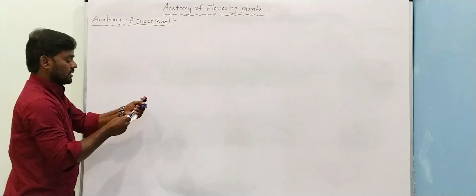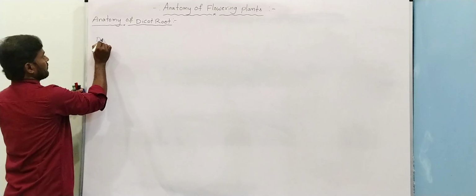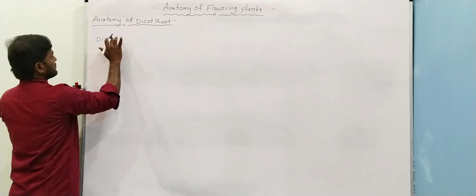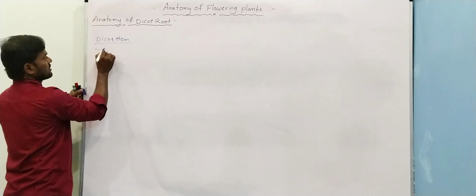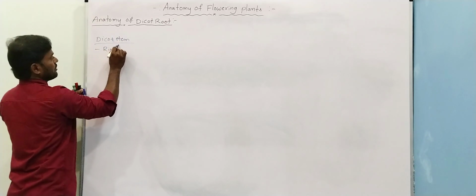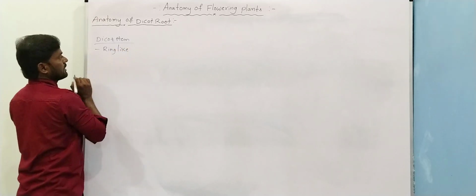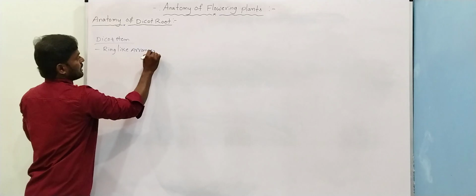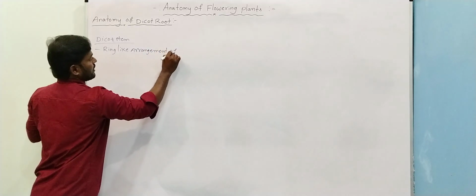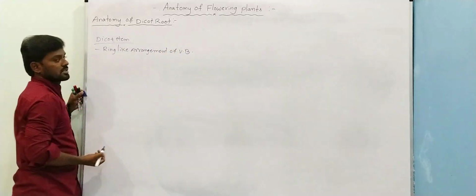So, the dicot stem characters: the vascular bundles have a ring-like arrangement. More important is the ring-like arrangement of vascular bundles. VB means vascular bundles.